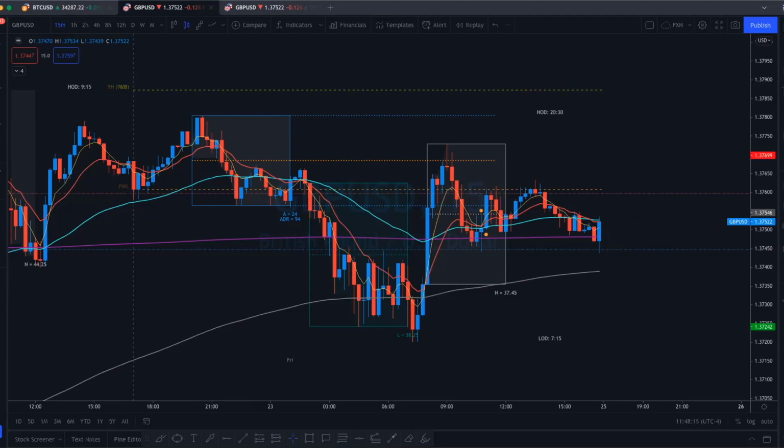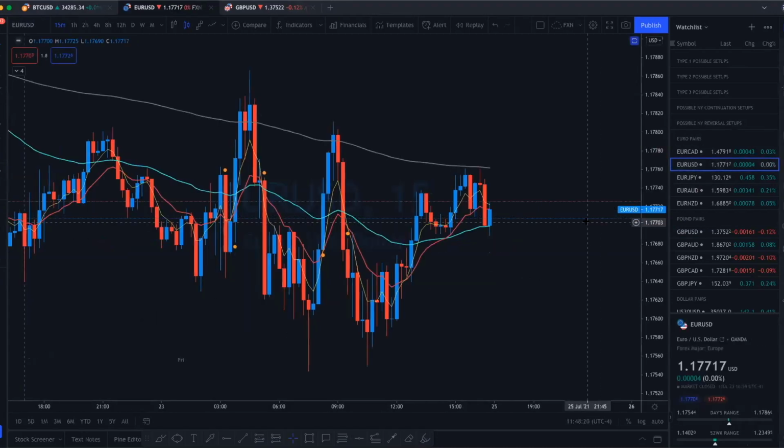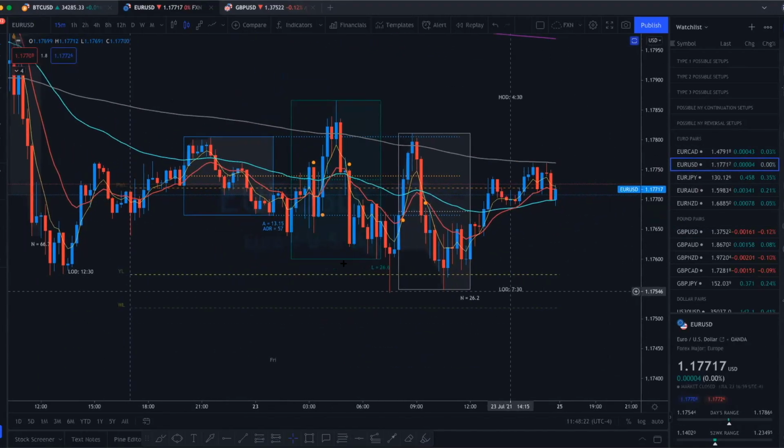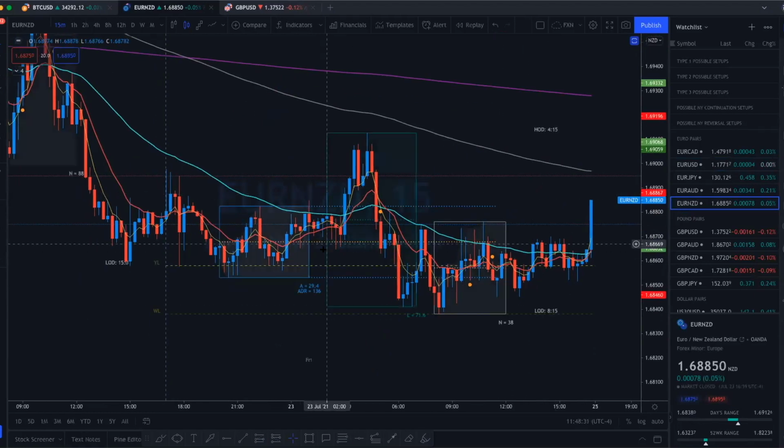So if you go to a different pair, you'll see that this one for Euro USD right now is 57. If you go to Euro NZD, it's 136. So every one of them is going to be different.